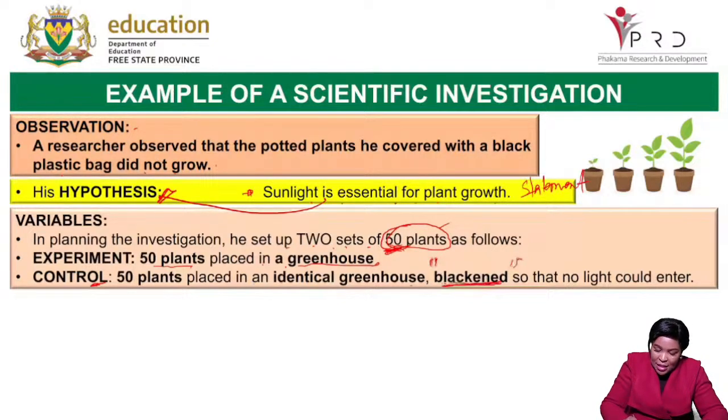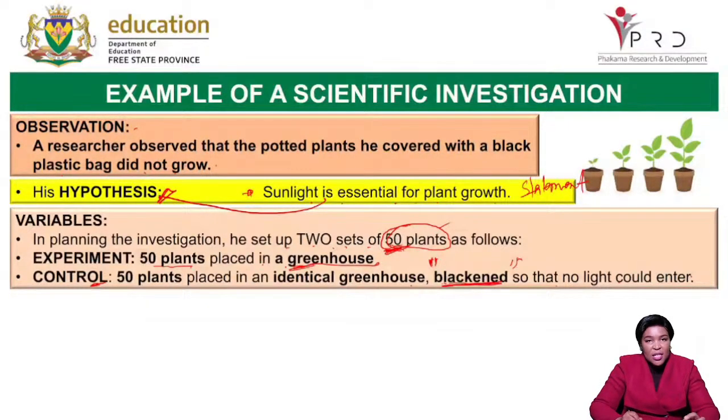So this must give him exactly what he was observing. But then he wants to investigate these ones that are not covered. What is happening there? Then, so that no light could enter. So this is how he set up his experiment.